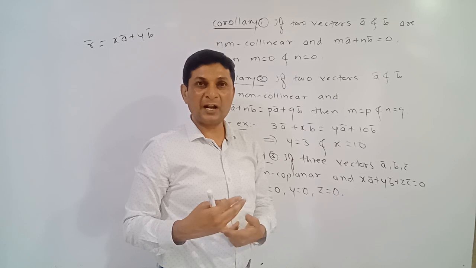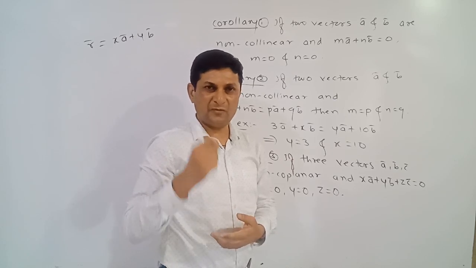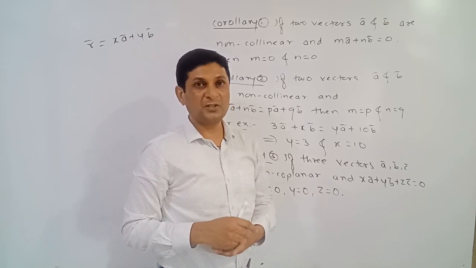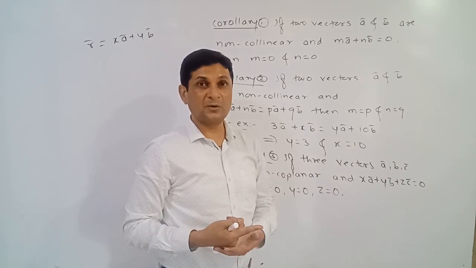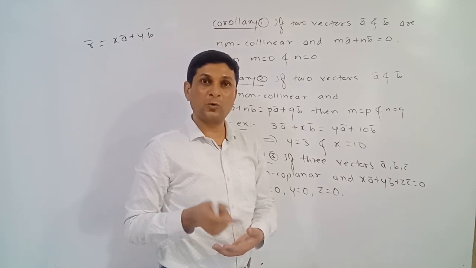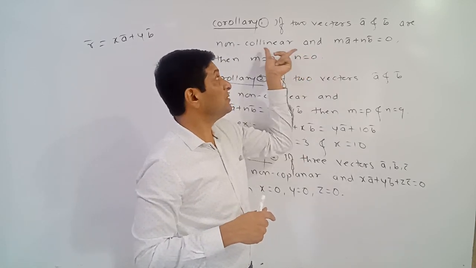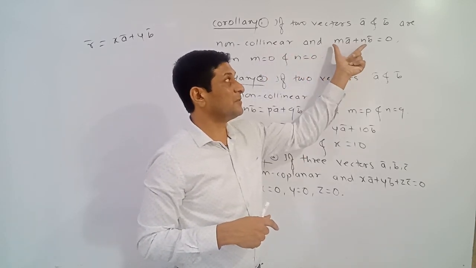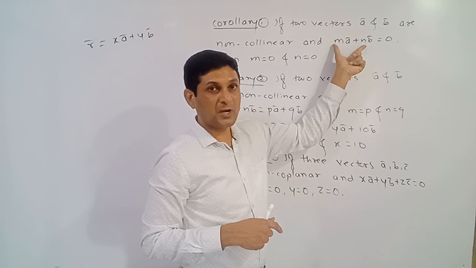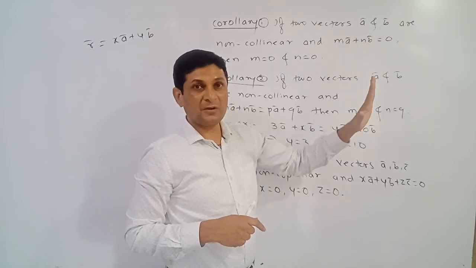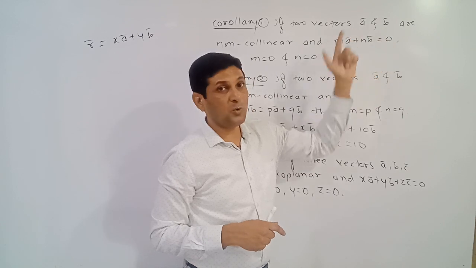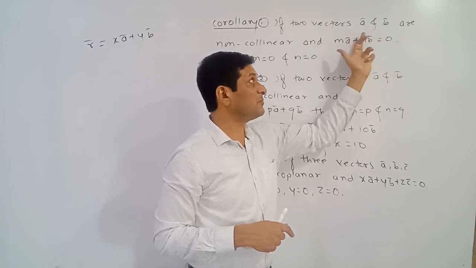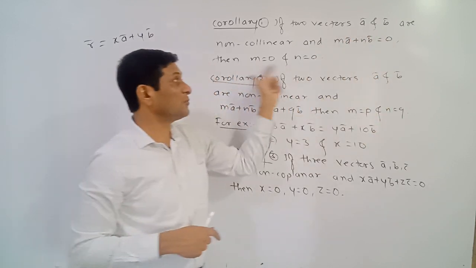If A bar and B bar are non-collinear vectors, then definitely their linear combination is a new vector. The result would be 0 only when A bar and B bar are collinear. But as A bar and B bar are non-collinear, the linear combination should be a new vector. Instead of a new vector, here we are getting 0. It is possible only if the scalars, these real numbers m and n, are 0.